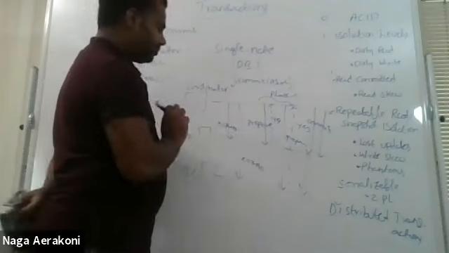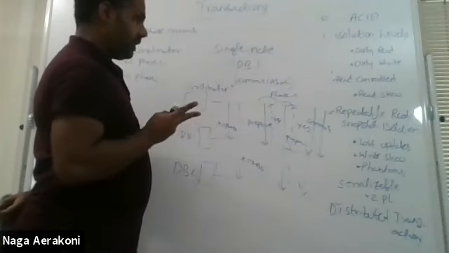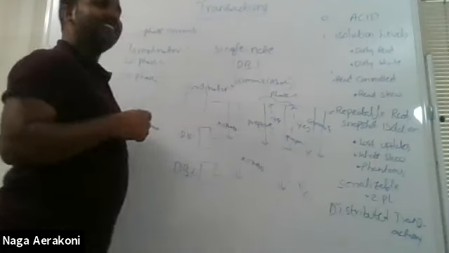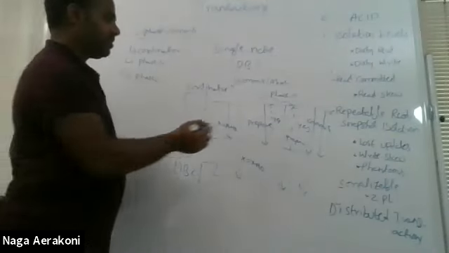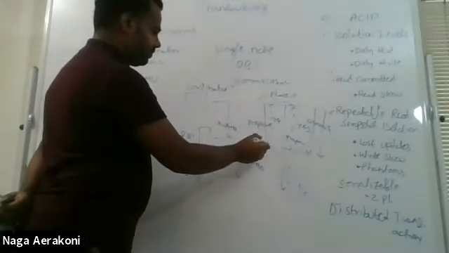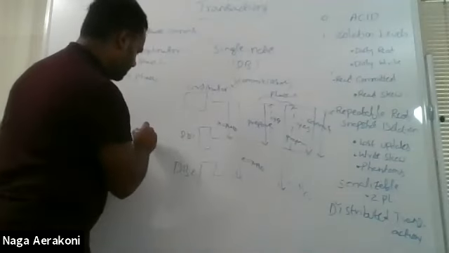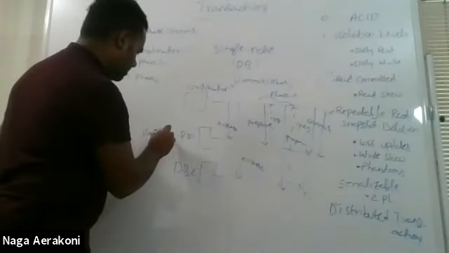So there are two irrevocable decisions. One, these are actually called participant databases.